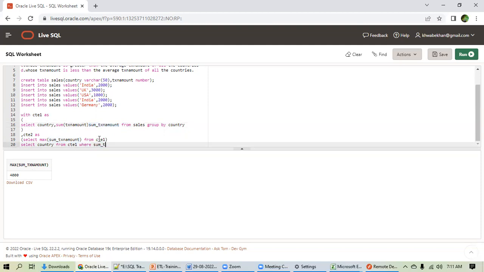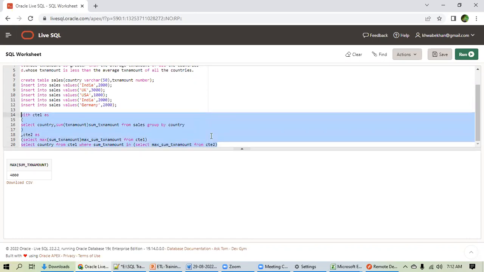Select, we can give a list from CT2: select maximum sum of transaction amount from which one? CT2. Now run this query. Got the output? India.